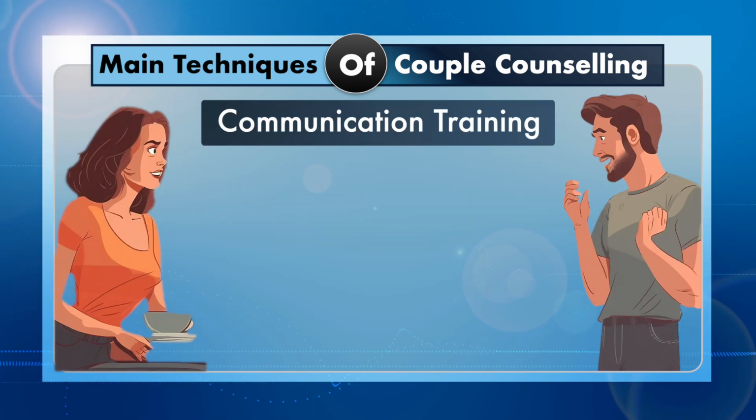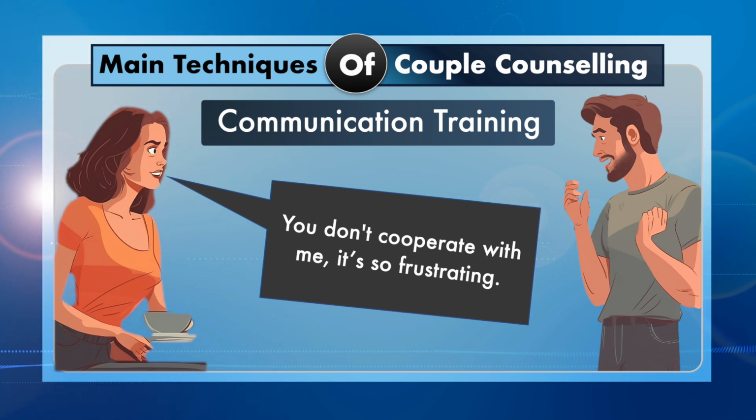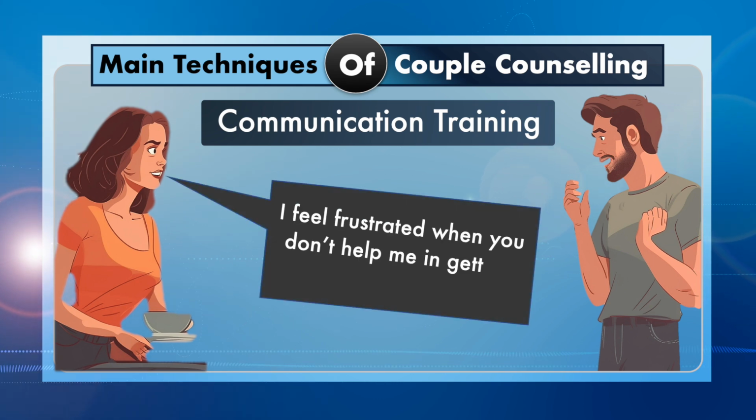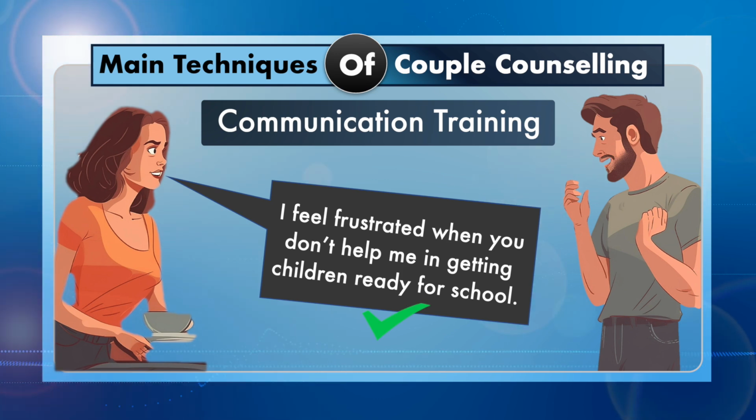For example, someone might say, "You don't cooperate with me. It's so frustrating." Instead, it would be better if they put it up like this: "I feel frustrated when you don't help me in getting the children ready for school."